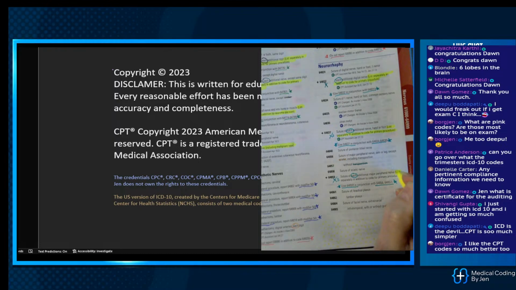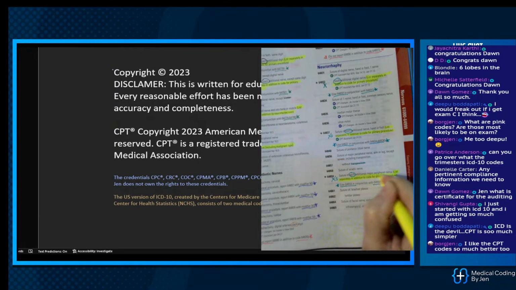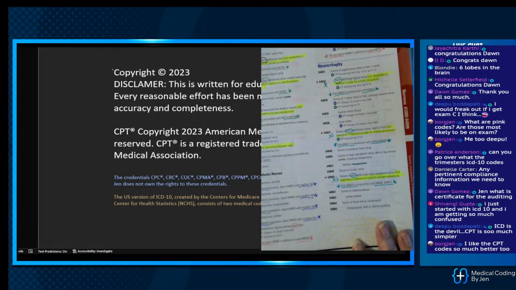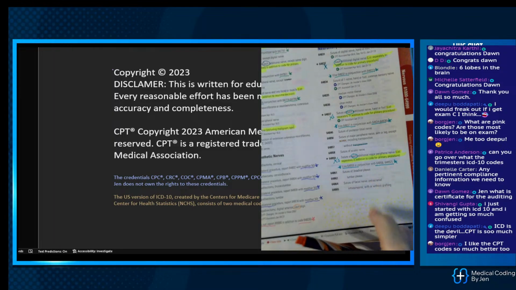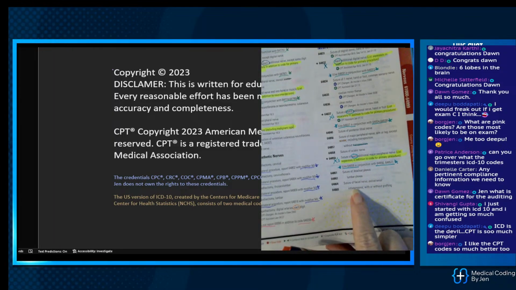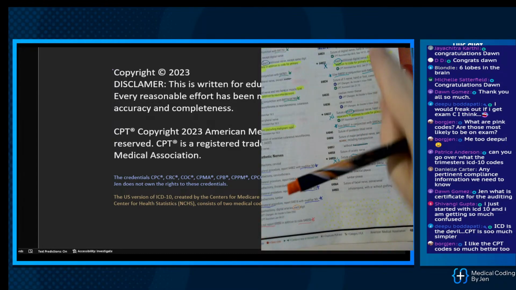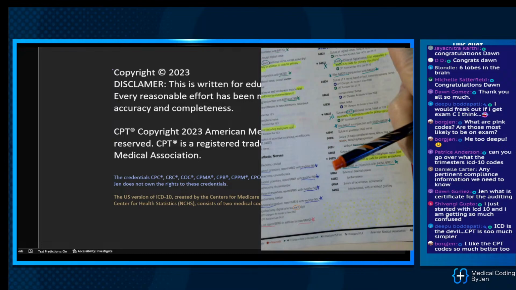This one's got some yellow. See, these are extracranial, and these are infratemporal. So it's just a difference between infra or extra.